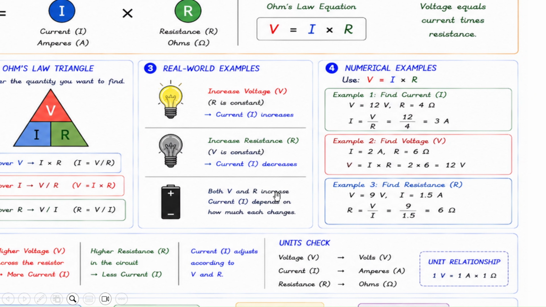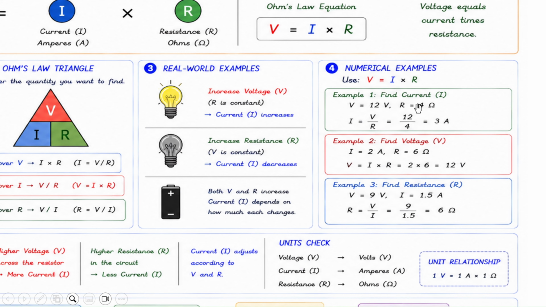So let's do some basic math here. When we plug in the numbers, it's pretty straightforward with Ohm's law. If you want to calculate current, in this example there has to be at least two known variables and one unknown variable.